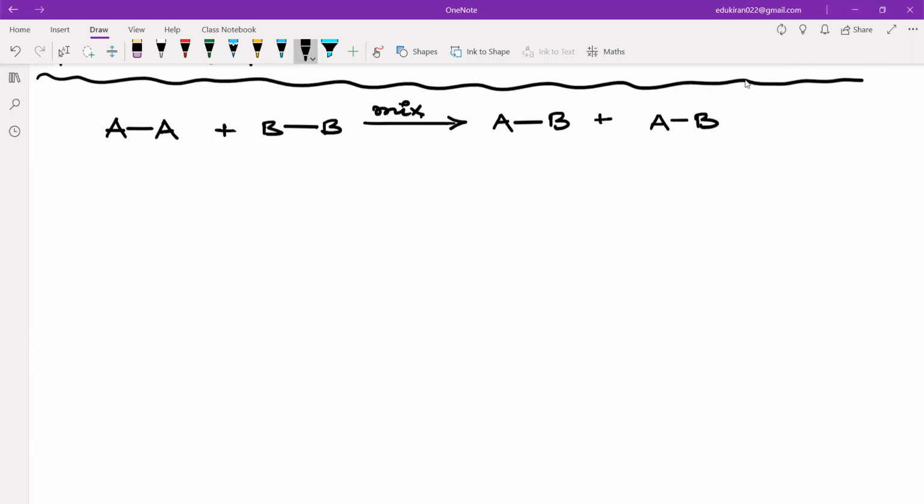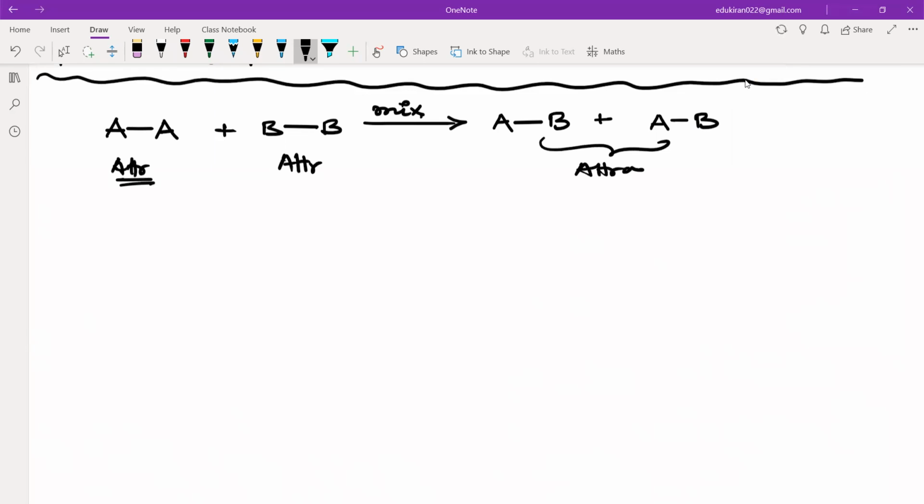Now, in this case, you can easily see that there is IMF, intermolecular force of attraction, here, and there is attraction in this case also.